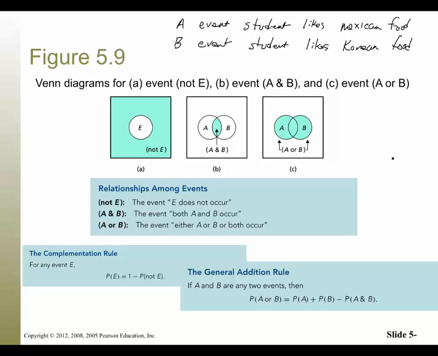So let's just do a quick example. Hopefully I picked good events here. How many people in here like Mexican food? Not everybody, or almost everybody, all but one? Okay, so how many people are here? 1, 2, 3, 4, 5, 6... 21.